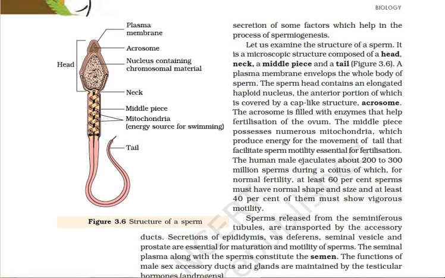This sheath is called the nebenkern. It generates energy for the movement of spermatozoa.